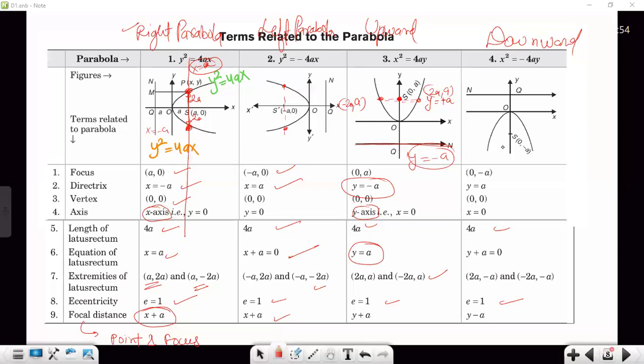If the parabola is downward-facing, this time the directrix will become positive, the latus rectum will become negative, and the focus y coordinate will also become negative. These are minute changes, but we have to understand what the focus is, what the directrix is, what the vertex is, what the latus rectum is, what its length is, what the extremities of the latus rectum are, and how we can find out these simple things.